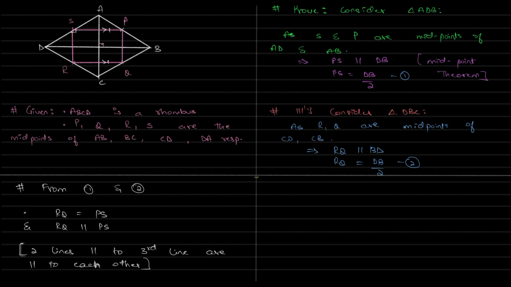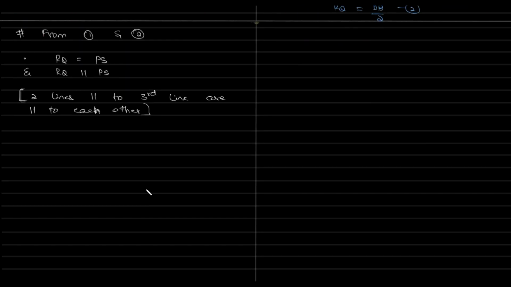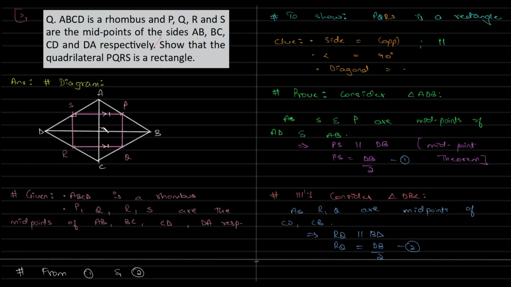As of now, I feel that we'll use the diagonal itself. So where are we now? We just talked about this being a parallelogram. Now we'll just prove that SR is parallel to AC.